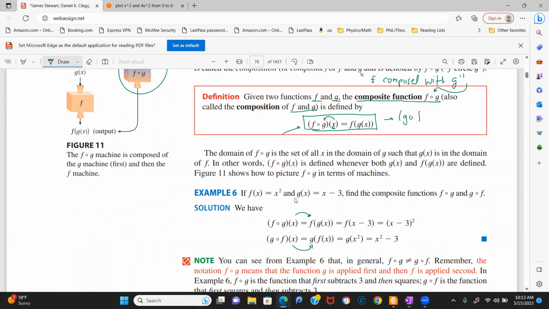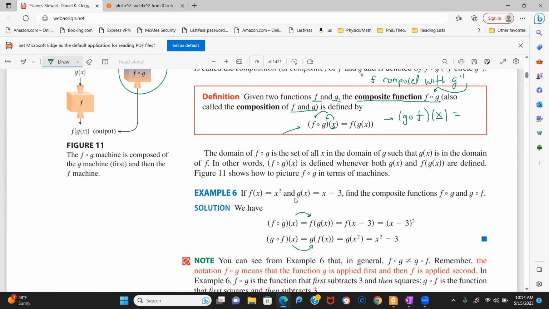So g composed with f at x is, well, let's look at the original formula. Let's read it without symbols. Basically, you take your input, you plug it into the closest function, and then you plug that result into the next function.